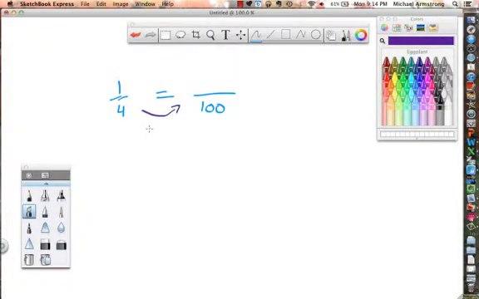If I multiply 4 times 25, I get 100. And so I'm going to multiply the 1 times the same thing. And I should get 25. Okay? So 1/4 equals 25 hundredths. So 1/4 equals 25%. If you can get it to a 100, you can turn it into a percent.